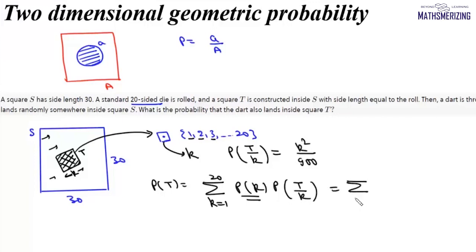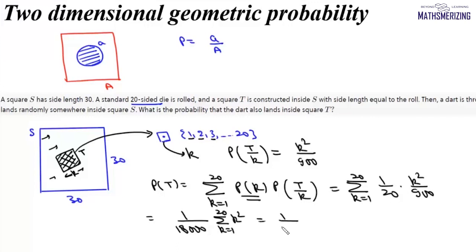So this is the summation, K varies from 1 to 20, of 1 by 20 into K square by 900. Now we can write this as 1 by 18000 into the summation of K square, where the value of K varies from 1 to 20.